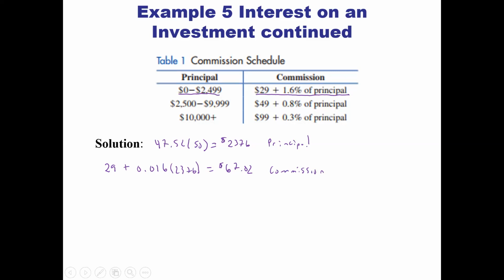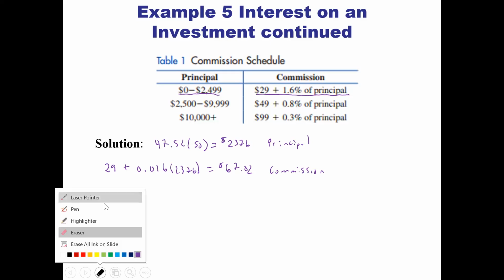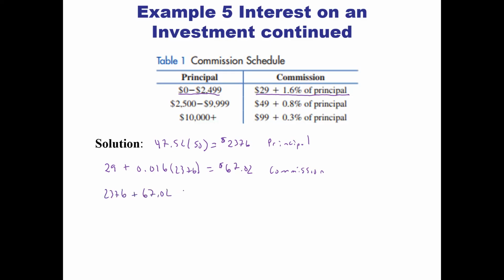And now we have to figure out what our total investment is. Basically, that's going to be adding things together. So that's going to be 2376 plus 67.02.